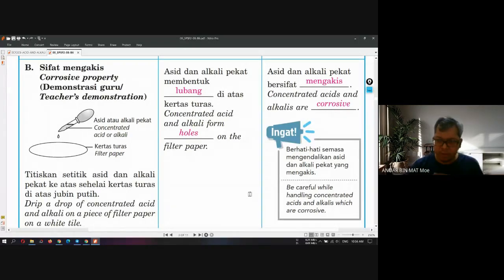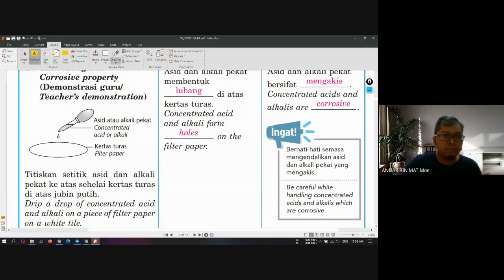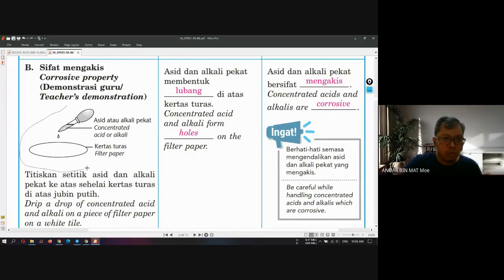If you drop one drop of acid or alkali onto the filter paper, as in the picture, then after a few seconds the paper will make a hole.